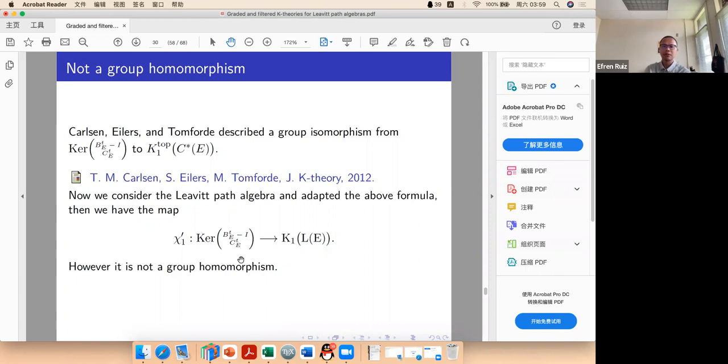We need the functor for the subquotients for Leavitt path algebras. So we need a very special group homomorphism so that they give commutative diagrams between the K-groups for graded ideals and K-groups for the subquotients for the Leavitt path algebras.